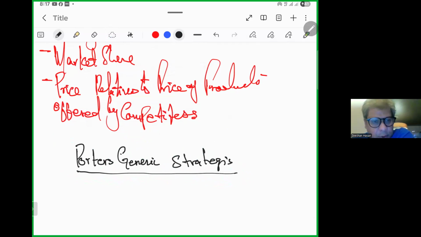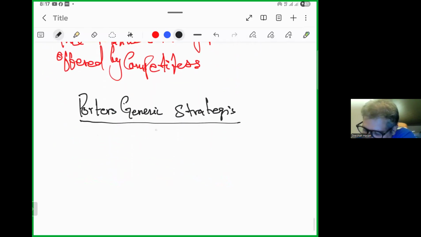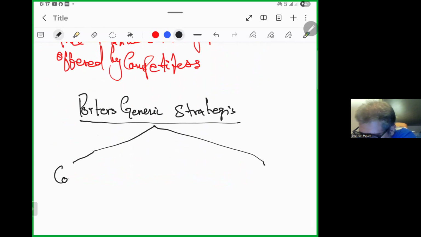So, Porter's generic strategies. We have two types of Porter's generic strategies. We also studied the same at SBL level as well, which is cost leadership and differentiation.